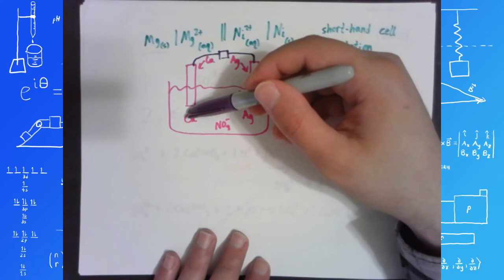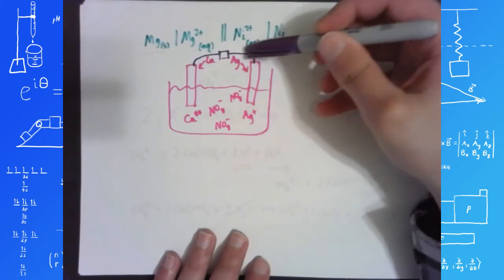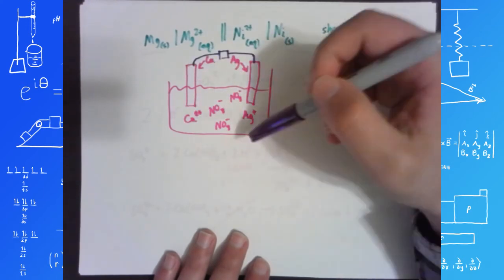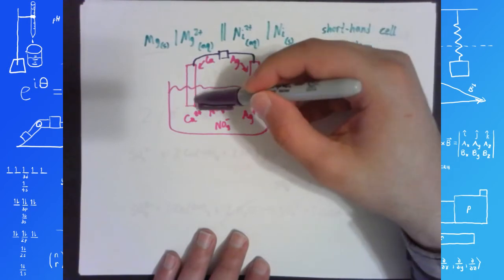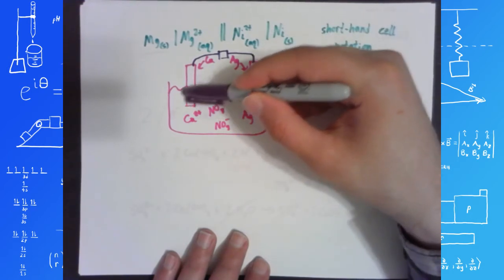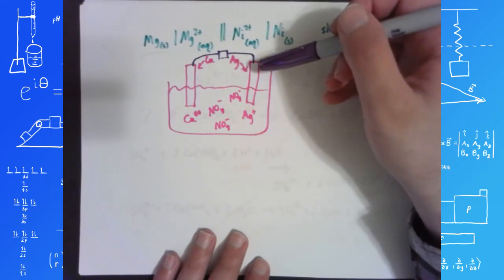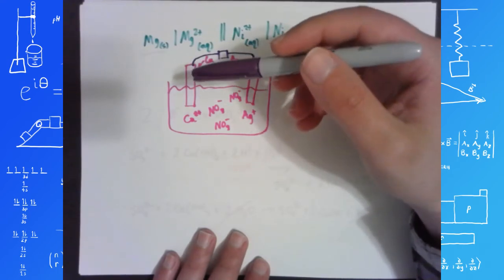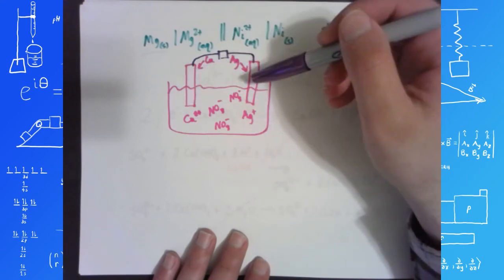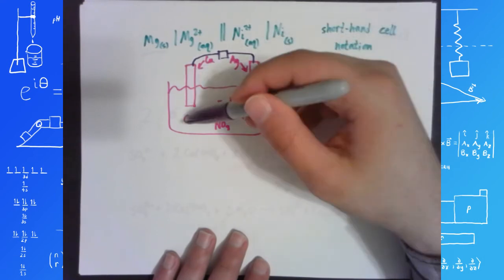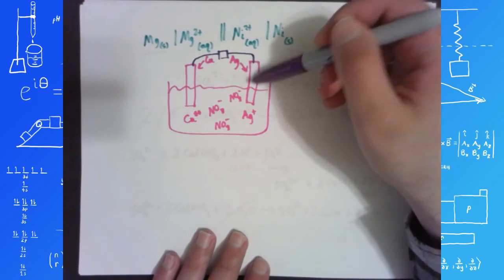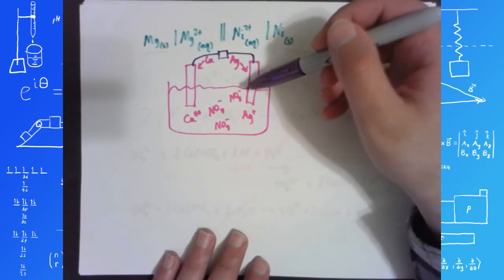The electrons would have no reason to go the long way around to come to the silver, because the silver ion can just interact directly with this bar of copper. Same thing with the silver interacting with the copper ions.